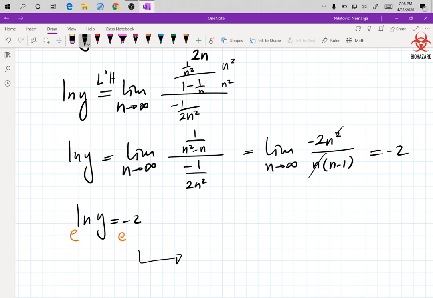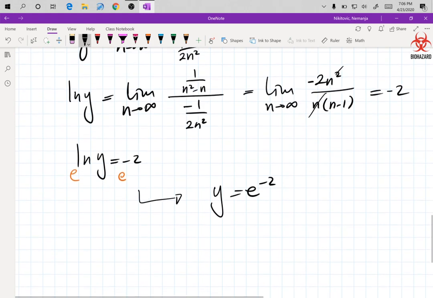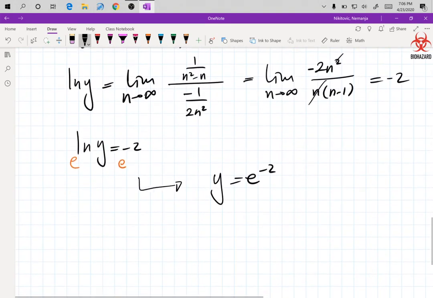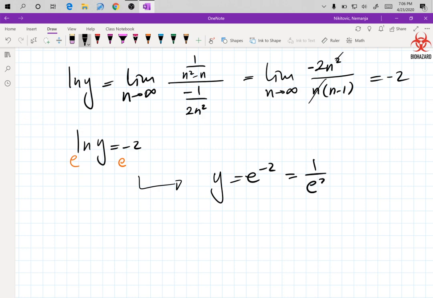And you get that y is equal to e to the negative 2. So our limit was e to the negative 2. That is 1 over e squared, by the way. That's less than 1.